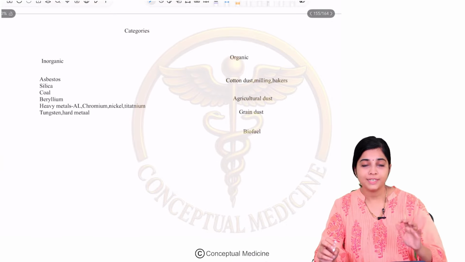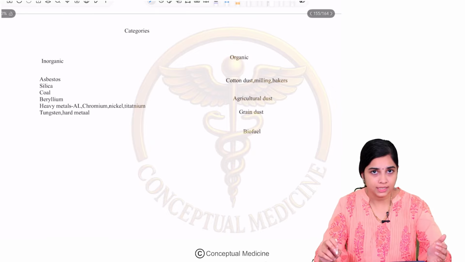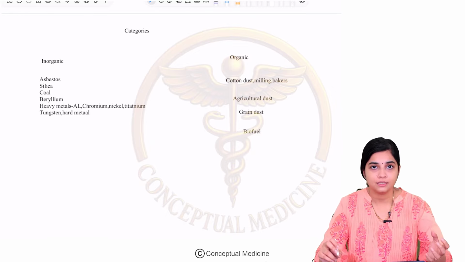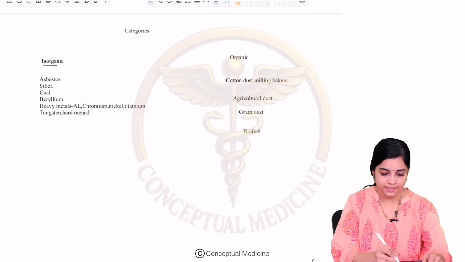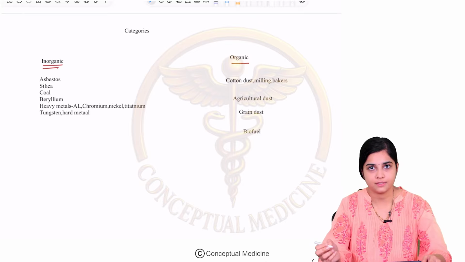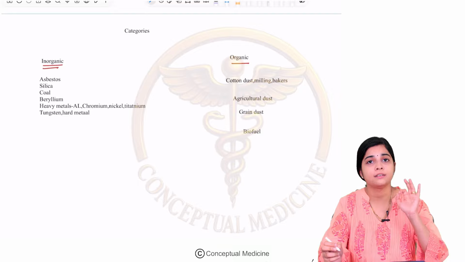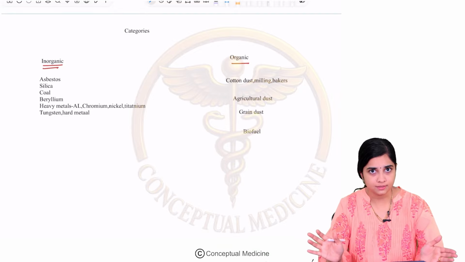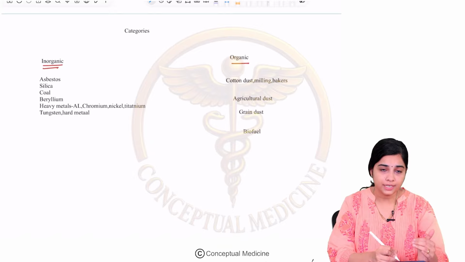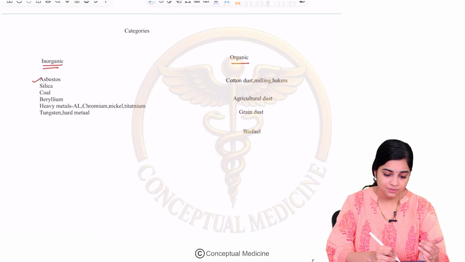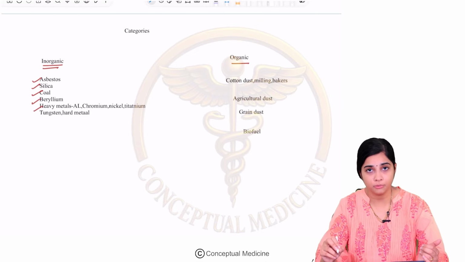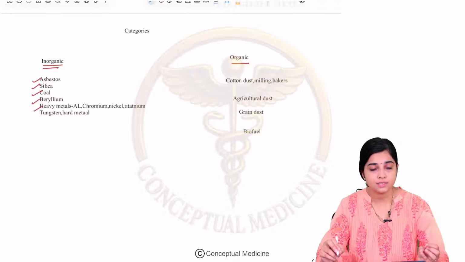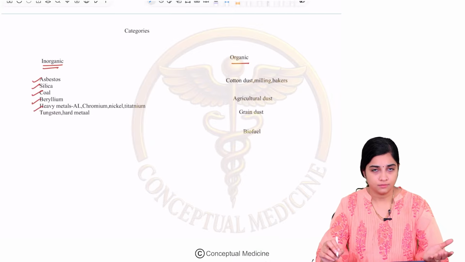Whenever we speak about occupational related lung injury, we divide the inhalational hazards into inorganic substances and organic substances. We should be well aware of what substances can cause occupational related lung injuries. Under the inorganic category, we have asbestos, silica, coal, beryllium and heavy metal associated lung disease.